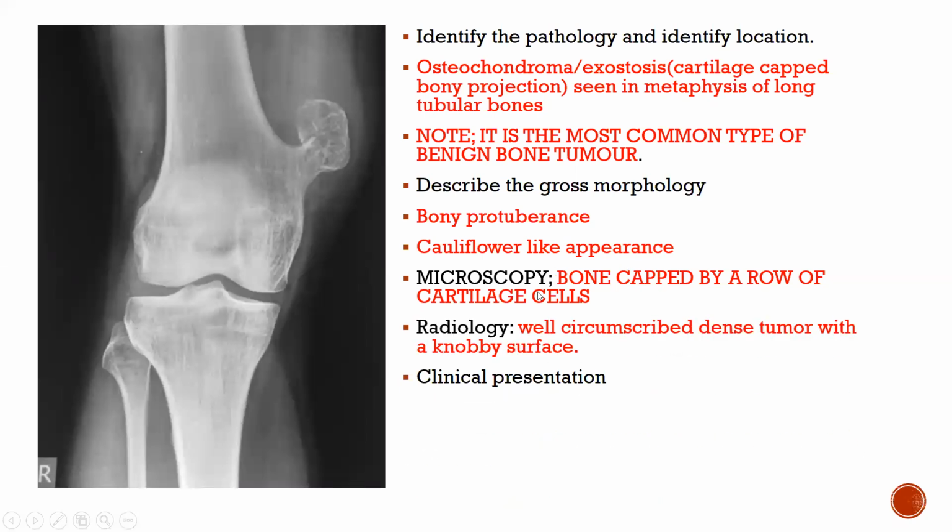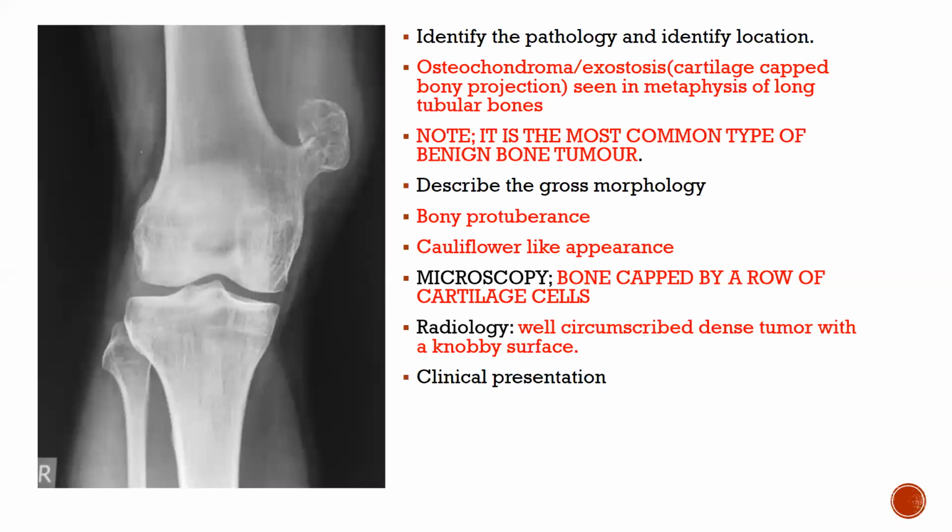Okay, so I told you before, it will have a well circumscribed dense tumor with a knobby surface. The clinical presentation is pain. This is the most common type of benign bone tumor.